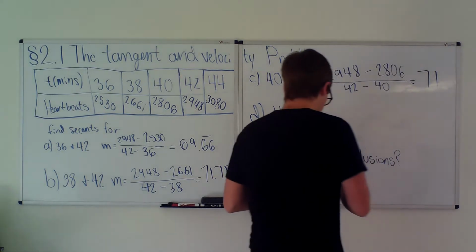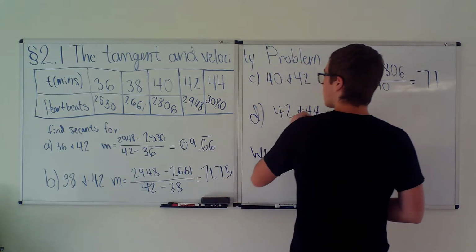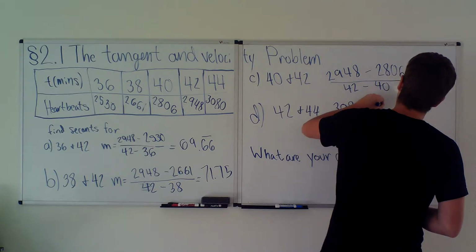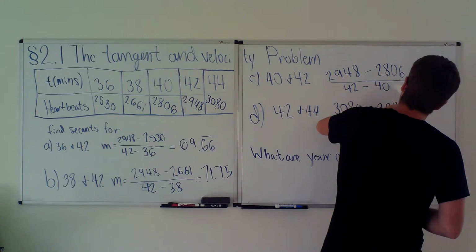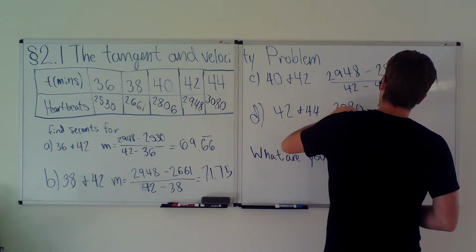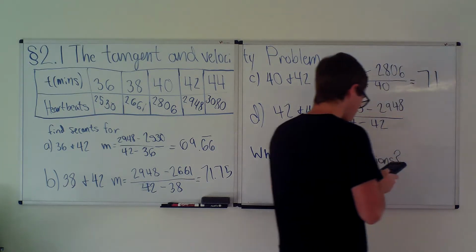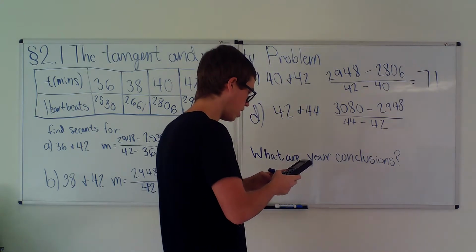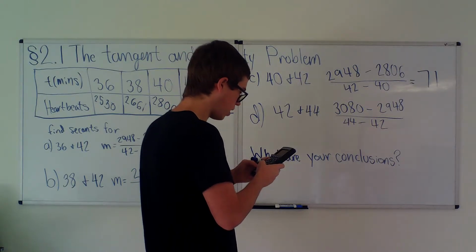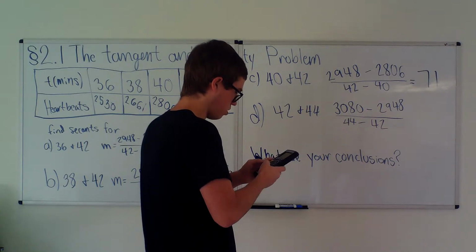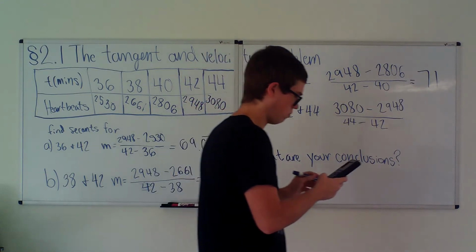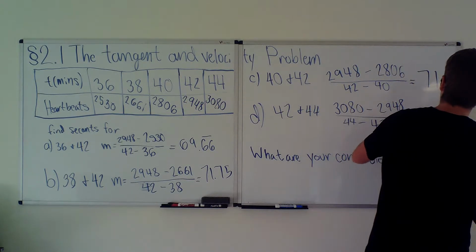And then 42 and 44, that is 3080 minus 2948 over 44 minus 42. Alright, 3080 minus 2948 divided by 2 is equal to 66.